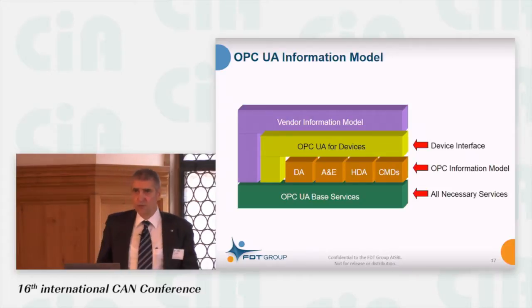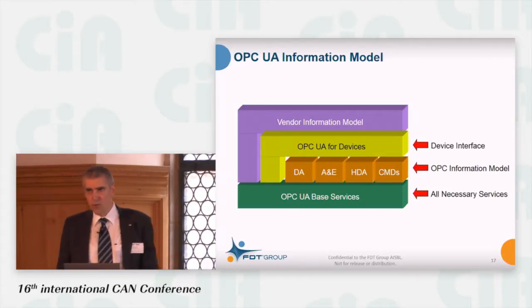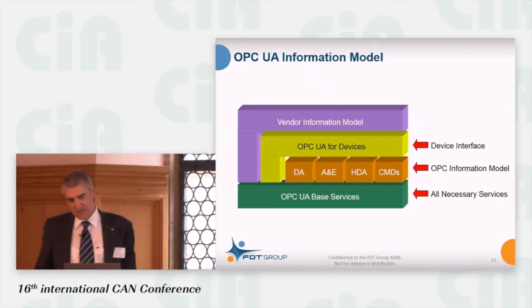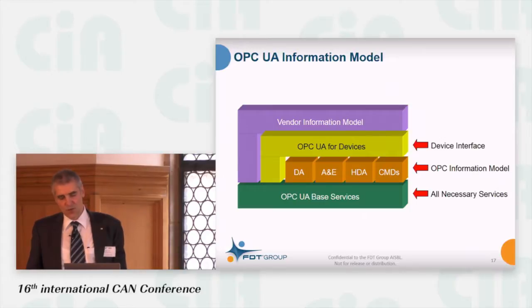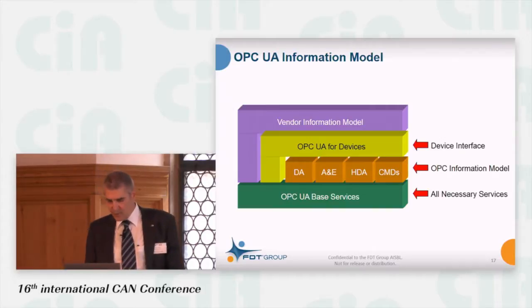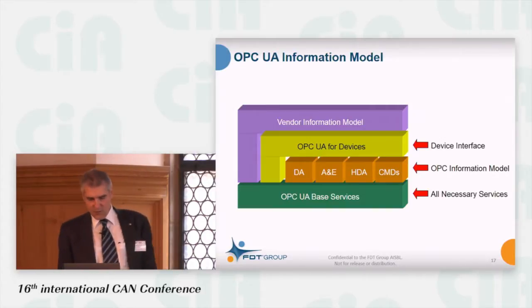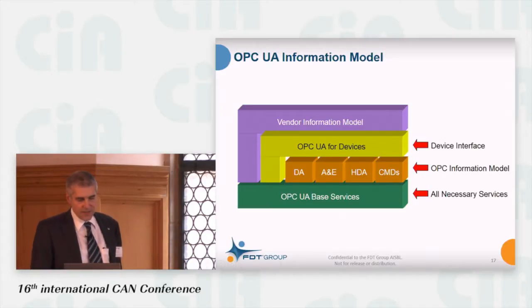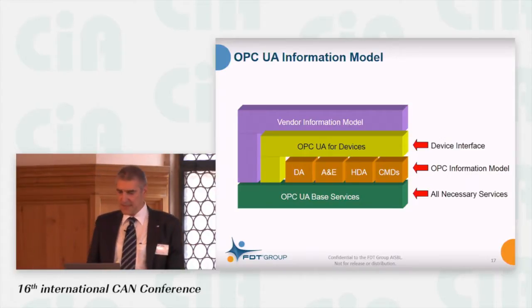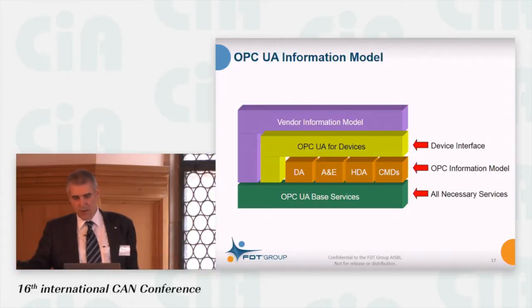Maybe many of you already know the structure of OPC UA, which is the successor of the OPC standardization. OPC UA means Unified Architecture. It's operating system independent. In OPC UA, you have a base structure where the base services are defined. Then you have some specific models, for example, data access, historical data, commands and these things.